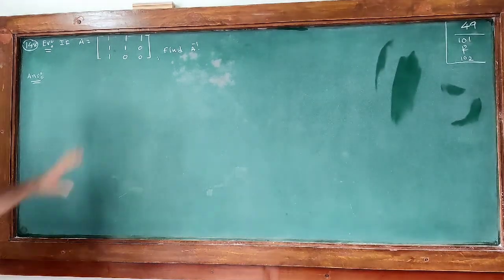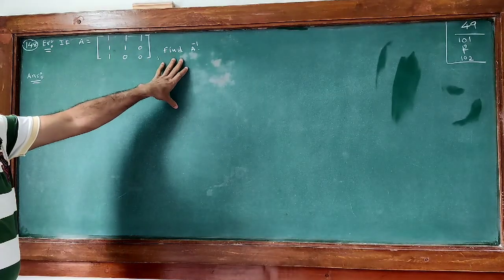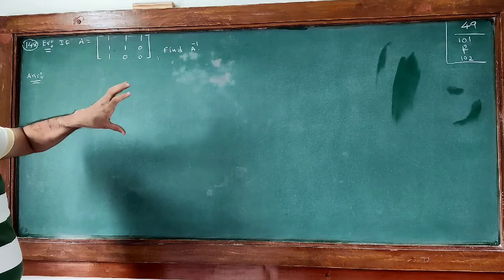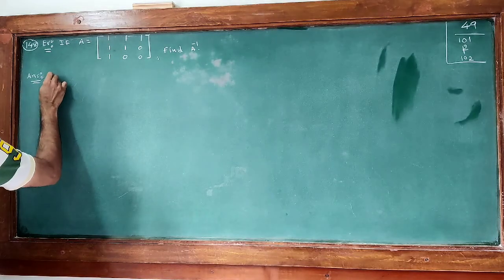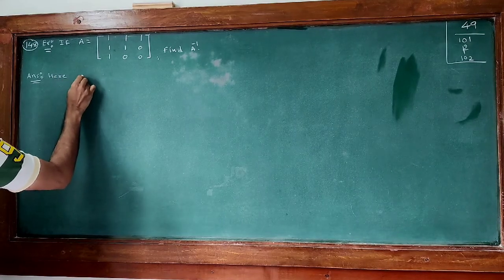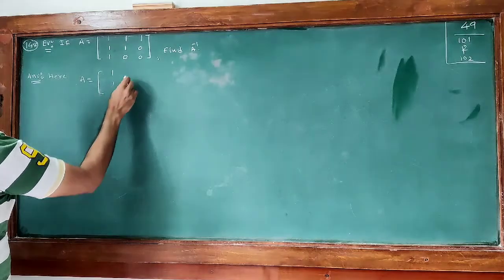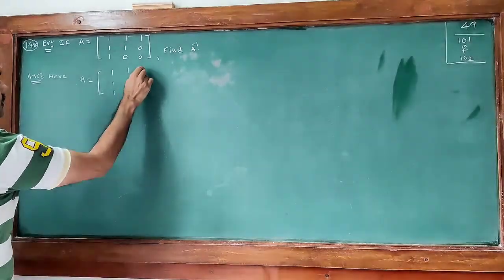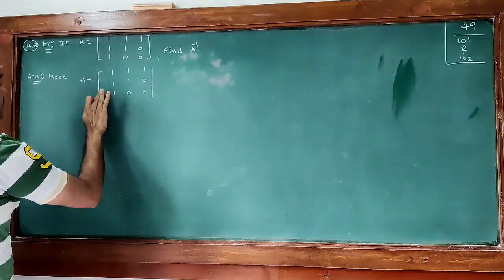Whenever we have a matrix and we want to find A inverse, first we have to check its determinant. Here A equals 1 1 1, 1 1 0, 1 0 0. So what will be the value of the determinant for this?